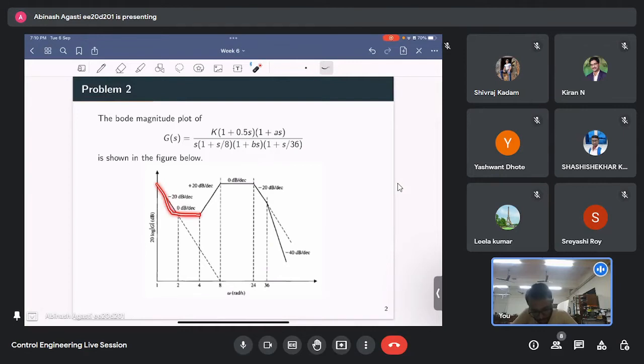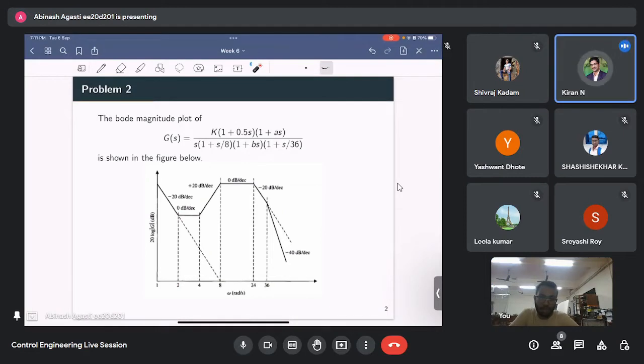This is the Bode plot of the system. From 1 to 2, the slope is minus 20 dB per decade, so it indicates that there is one pole at origin, which we can see from here, right? Correct. From 2 to 4, since the slope is 0 dB, it indicates that there is one zero present at 2.